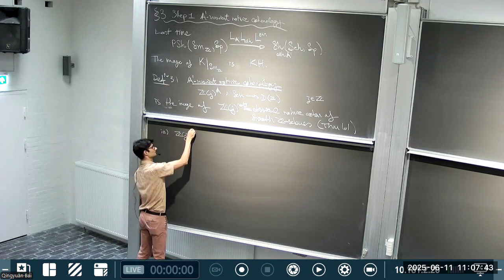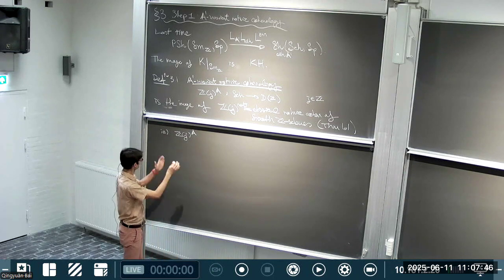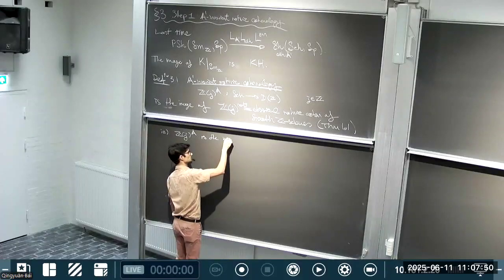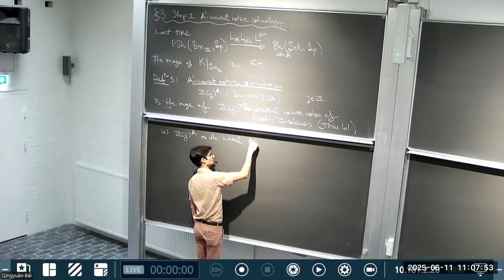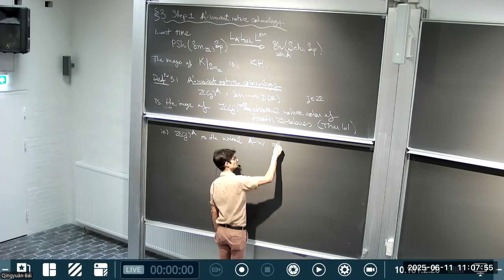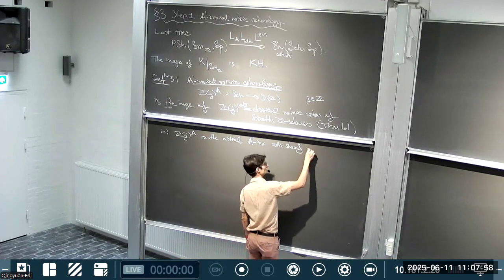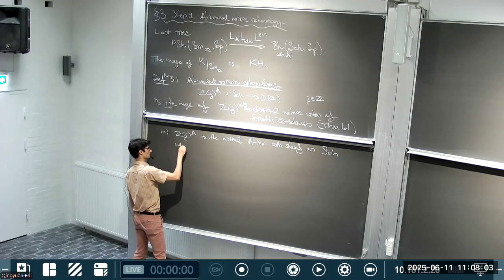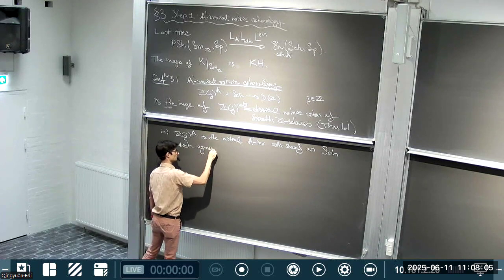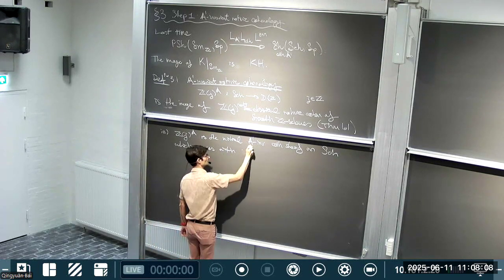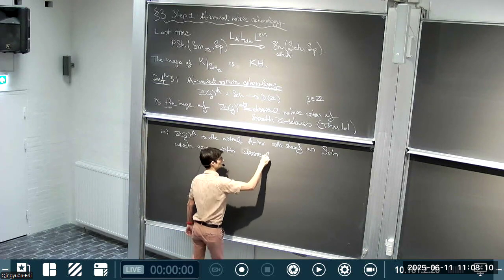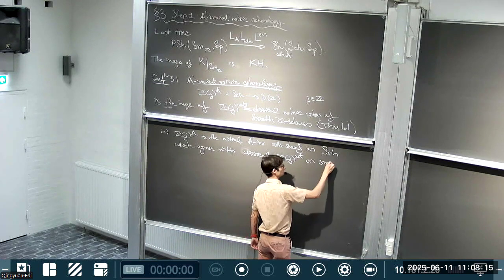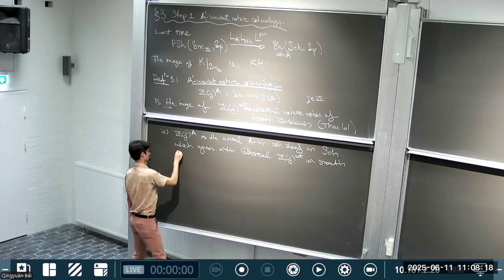So in other words, the pathway to this construction is that A1 invariant motivic cohomology is the initial A1 invariant CDH sheaf on all schemes which agrees with classical motivic cohomology on smooth Z schemes.